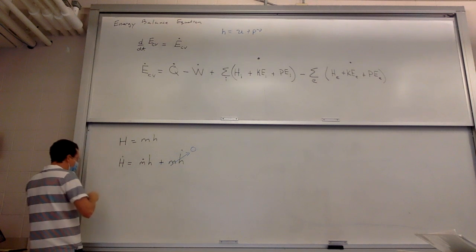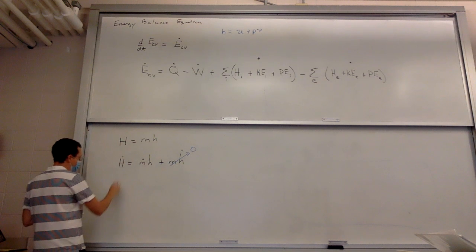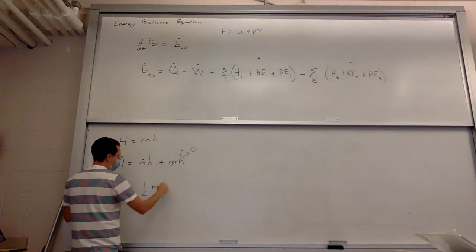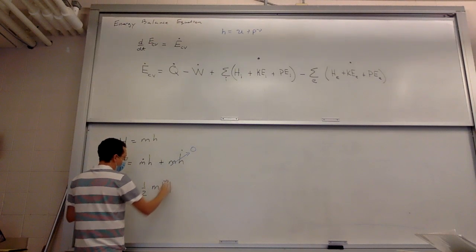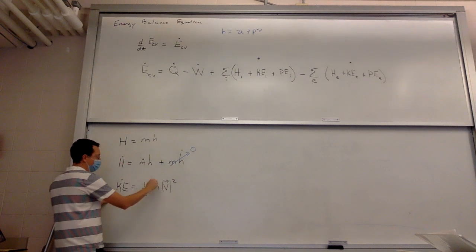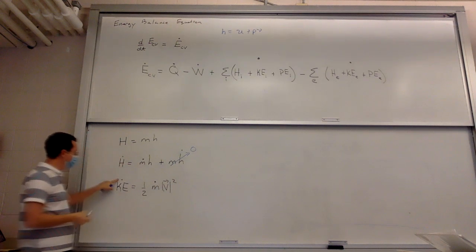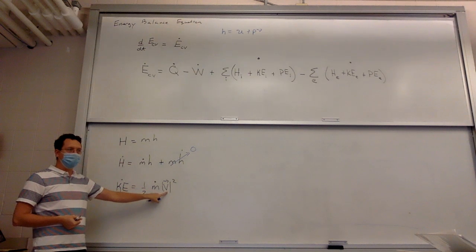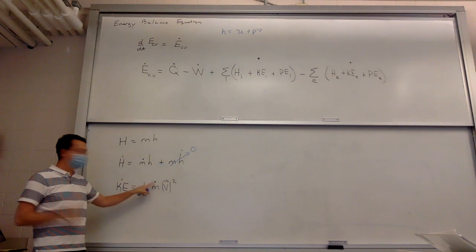Because we're going to make the same assumption for kinetic energy. So if I write out kinetic energy, right, so that'd be 1/2 mv squared. When we take a time derivative, we're going to make the same assumption, saying that the velocities aren't actually changing.